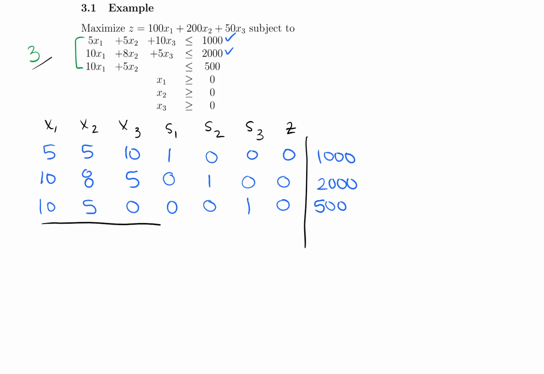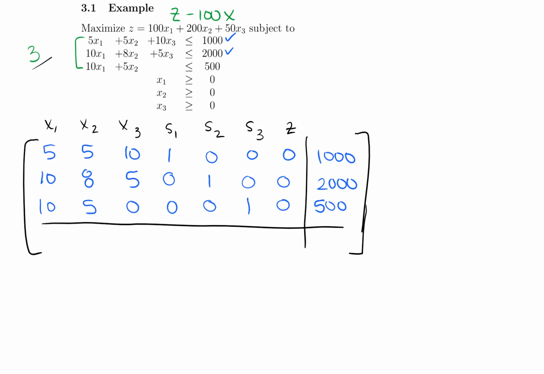So we've got our constraints in. Now we just need to put the objective function on the bottom here. So let's go ahead and fill in the objective function. Now remember, when it comes to the objective function, we have to rewrite it a little bit first. And we do that by subtracting all the variable terms and their coefficients to the same side as z. So we have z minus 100x1 minus 200x2 minus 50x3 equals 0.